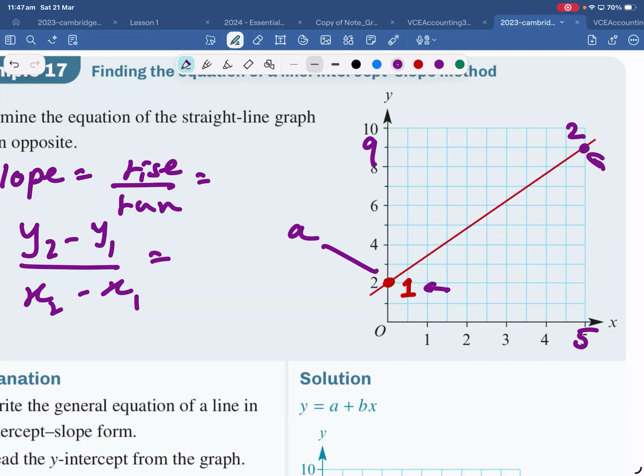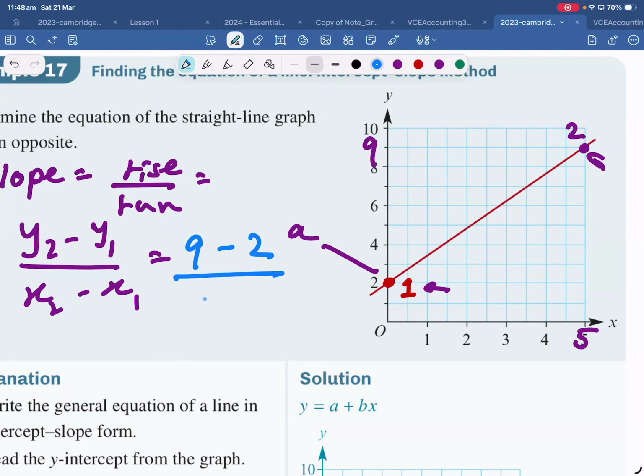So what is y2 here? Nine, yes. And what is y1? Yes, y1 is 2, good.